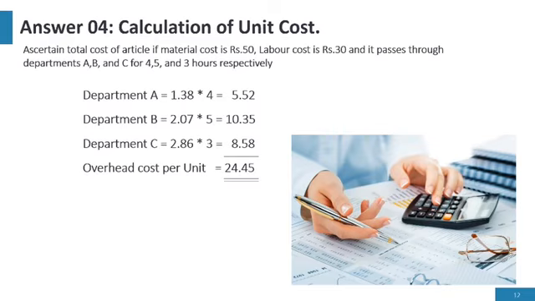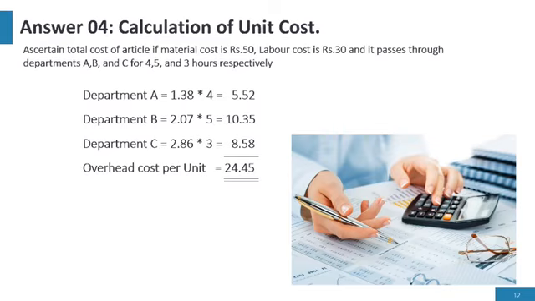Calculation of unit cost. Ascertain total cost of article if material cost is 50 rupees, labor cost is 30 rupees, and it passes through departments A, B, and C for 4, 5, and 3 hours respectively. We previously calculated the recovery rate. Department A equals 1.38 multiplied by 4 equals 5.52.